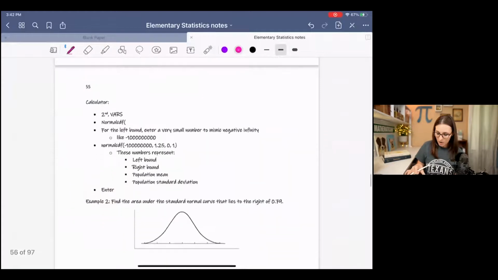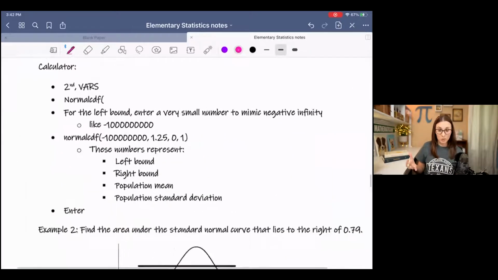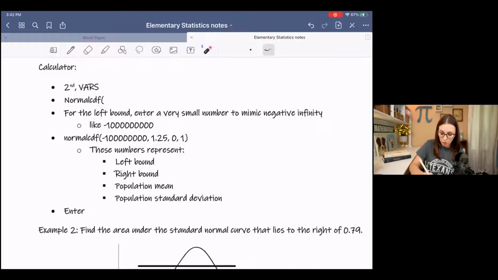Now, yay, we can do this in the calculator, which is wonderful. So it's really pretty simple. It is a normal curve and it's a density curve, so we're using normal CDF in our calculator. And then what you want to tell your calculator is what region you're looking for.